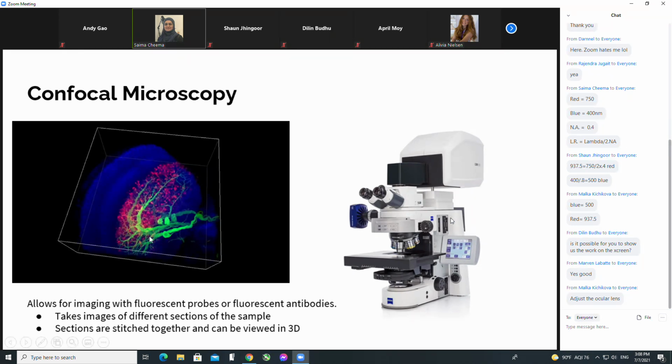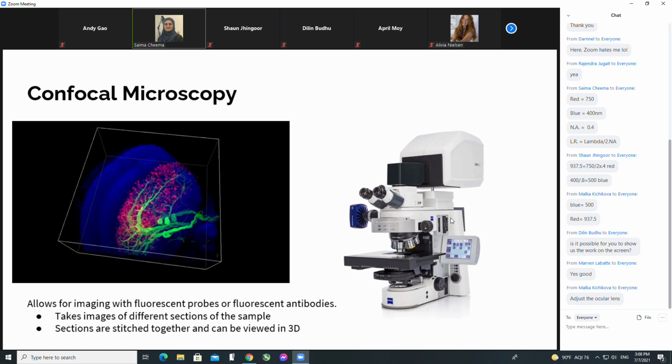So, within the cell, if it was, say, a yeast cell, you could optically section it and see the nucleus in a lot more detail, or mitochondria in a lot more detail, and so on.